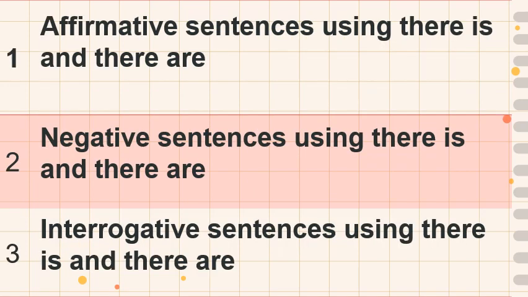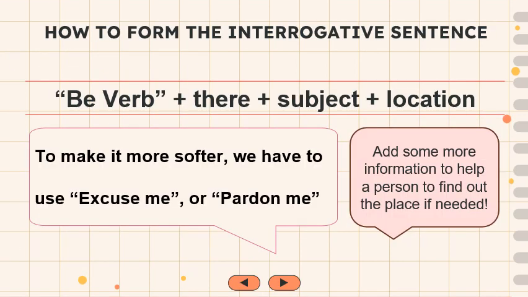The last one, we will learn about interrogative sentences using there is and there are. To form the interrogative sentence, we use be verb plus there plus subject plus location.